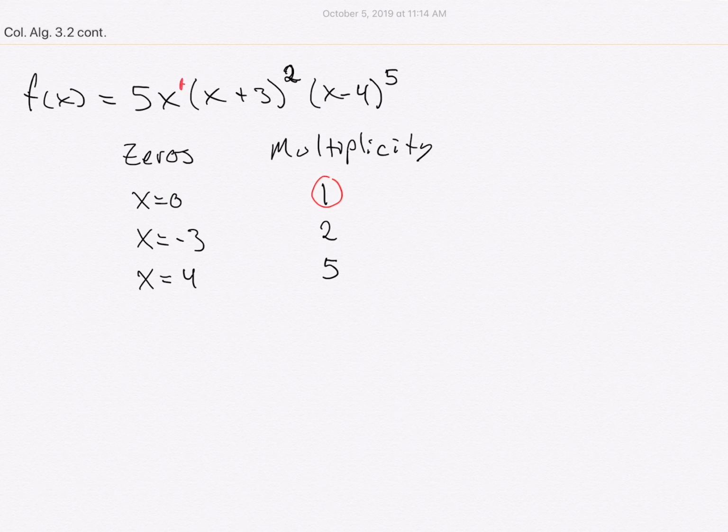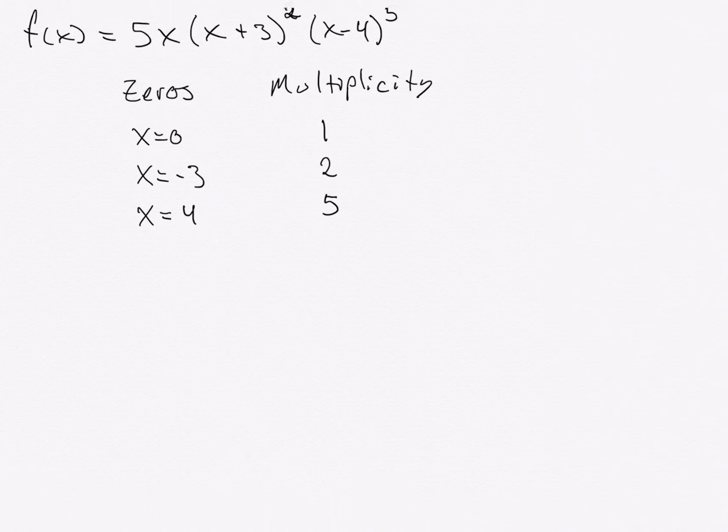There's an invisible exponent of 1 there. This 2 is coming from this exponent, and the 5 is coming from here, in case that wasn't obvious. And now what we're going to do is use end behavior and the zeros and their multiplicity in order to draw a graph of this function.